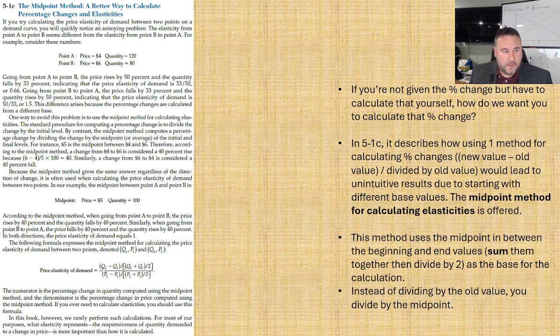To do that, you take that change, the new quantity minus the old quantity, and divide that by the sum of those two values divided by 2 to give you the midpoint. And you're going to do that for both the numerator quantities and then the denominator prices. That midpoint method will give you a more intuitive price elasticity of demand.